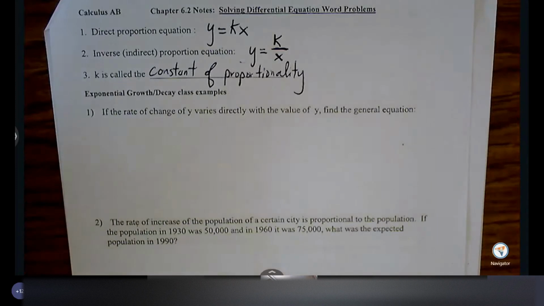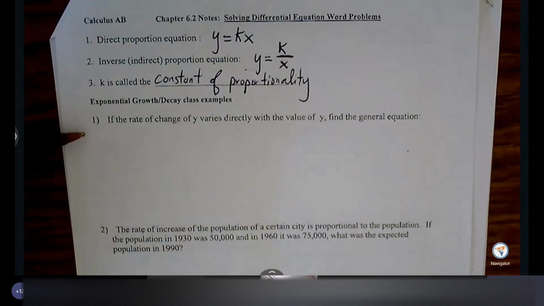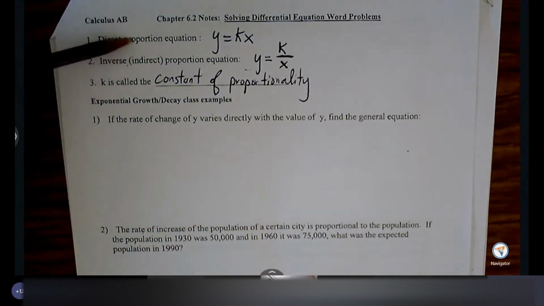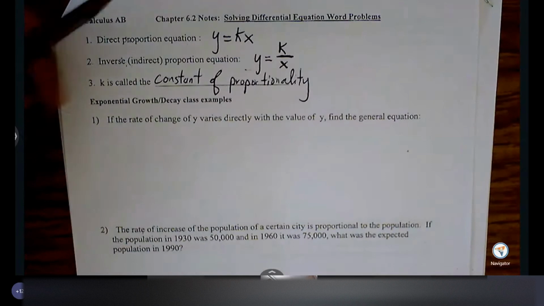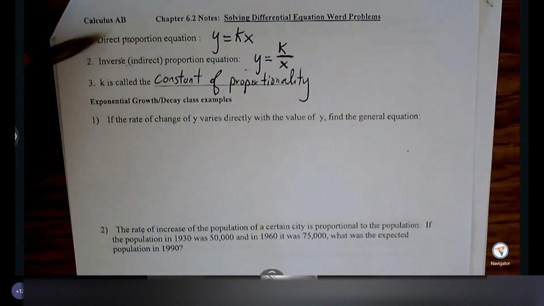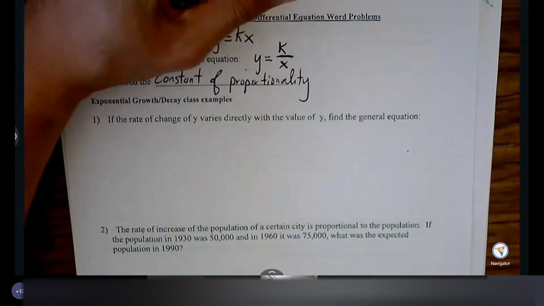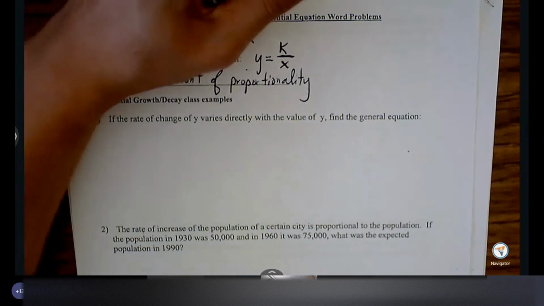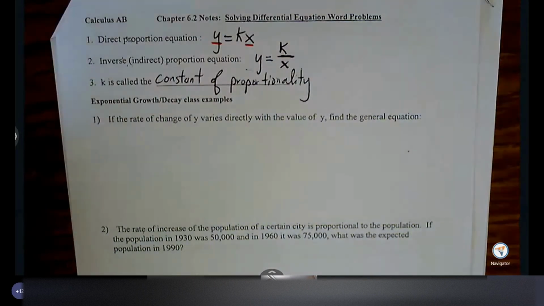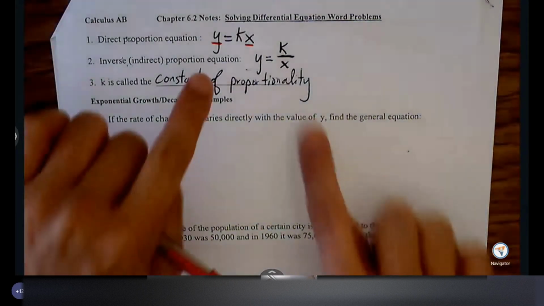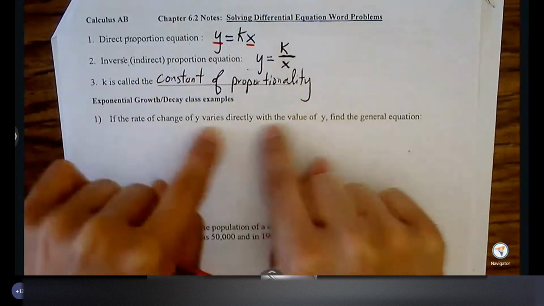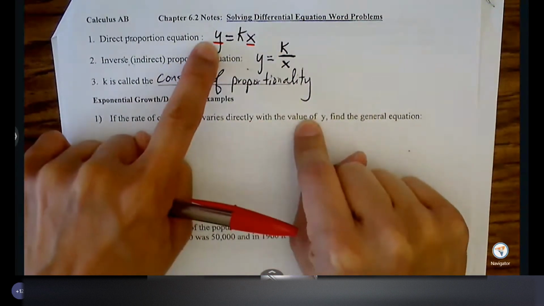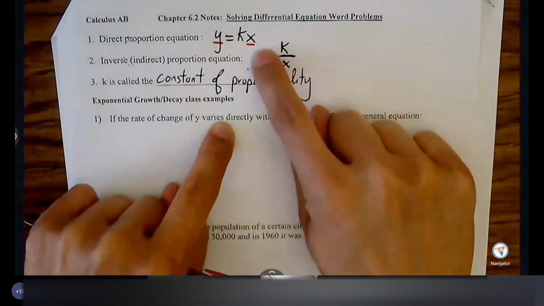And when we read these word problems, we're going to be matching with one of these forms, either the direct proportion form or the inverse proportion form. What we're mostly going to be doing is direct proportion. Once we understand which equation we're dealing with, we just have to fill in these two spots. The description is going to tell us what to fill in for this spot, and also what to fill in for this spot.